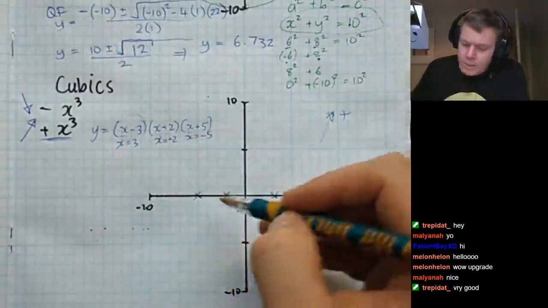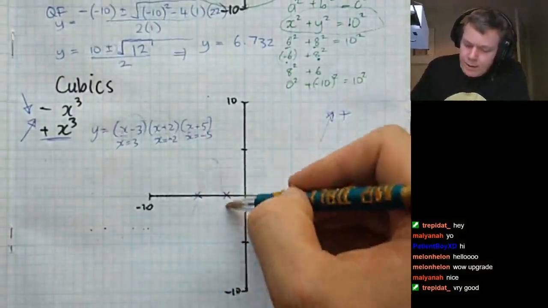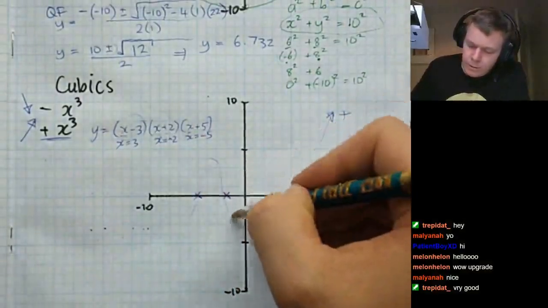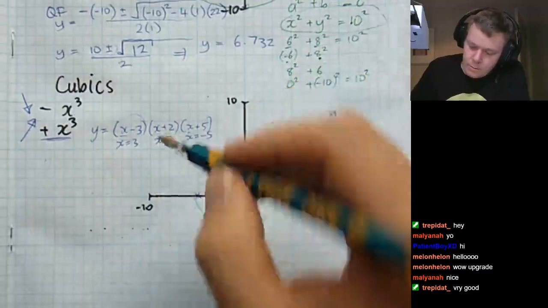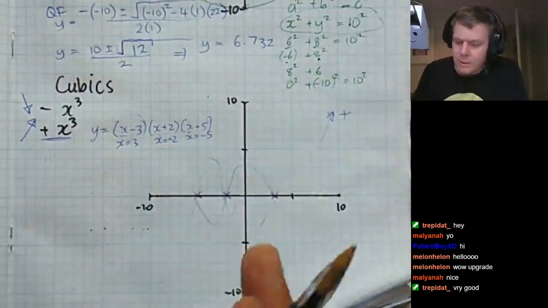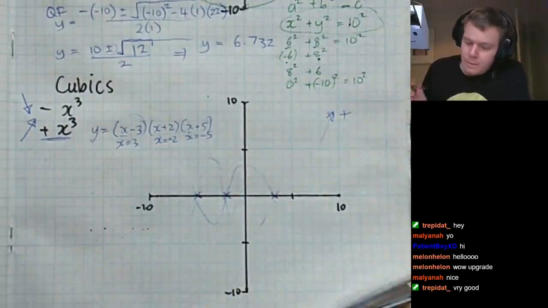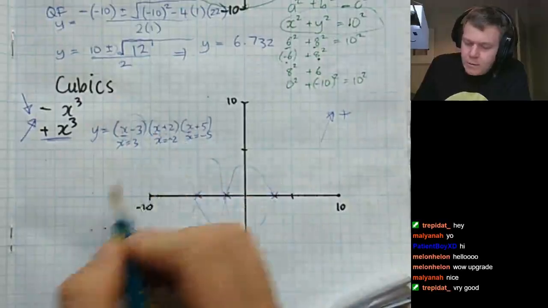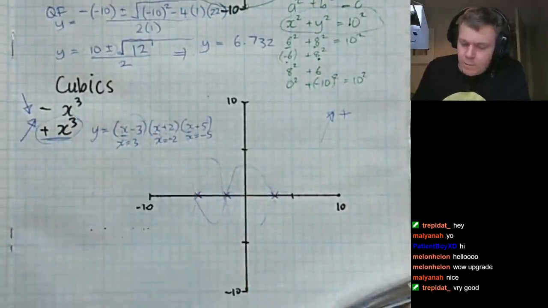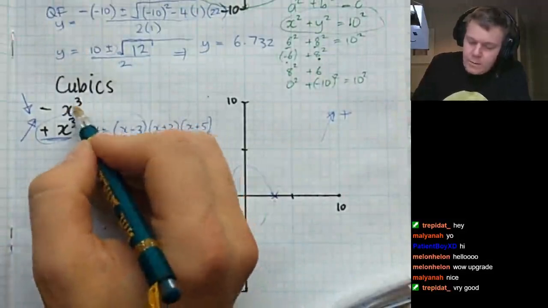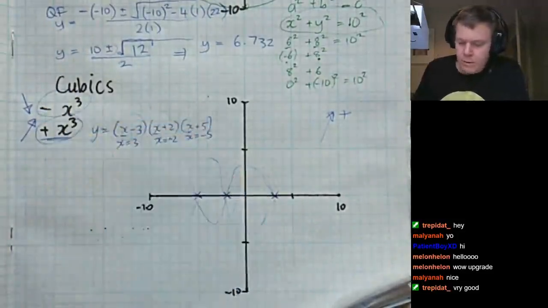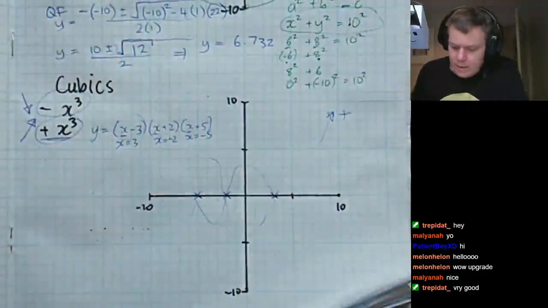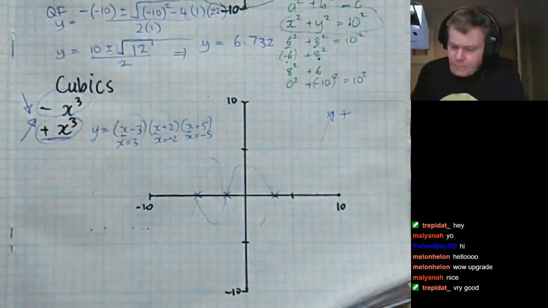Now your cubic could either go this way or it could go this way. Those are the two options, but the way to know is if you multiplied all your x terms together, would they be a positive x cubed or a negative x cubed? If it's a positive x cubed, positives finish up, negatives finish down.